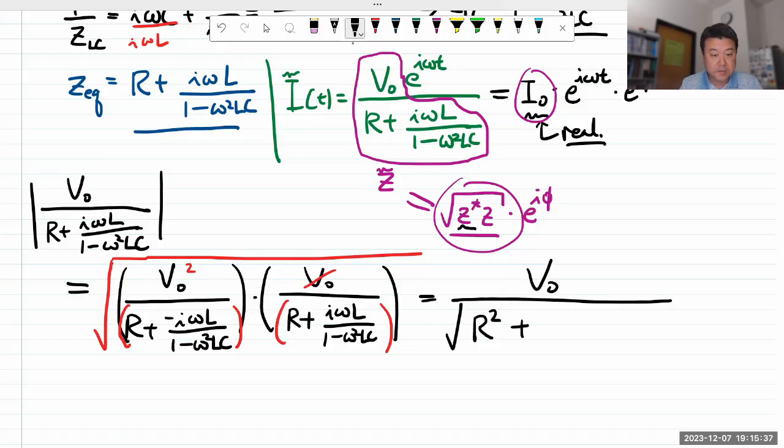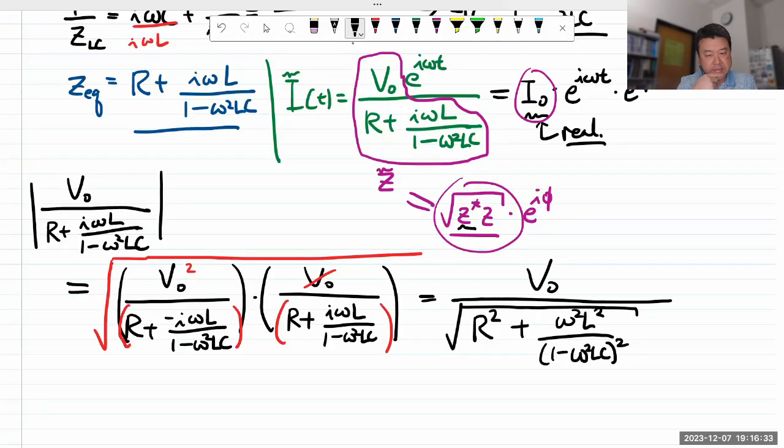I have plus omega squared L squared divided by this thing squared, square root. Alright, can I simplify this a little? Let's take a look. I don't think there's much more you would gain by trying to algebraically simplify this.